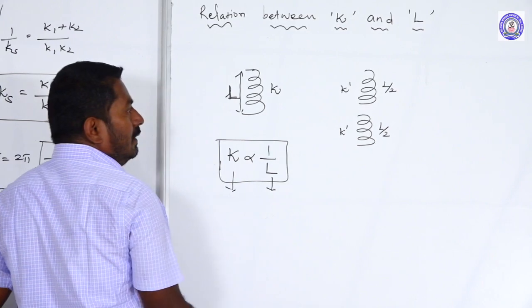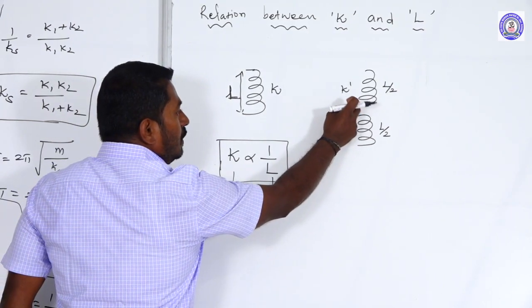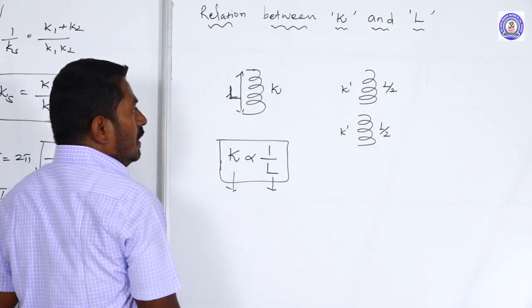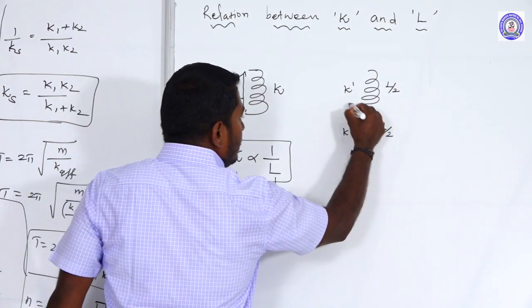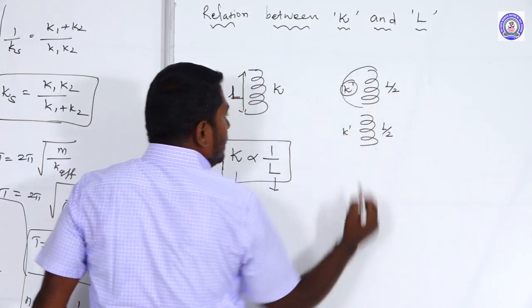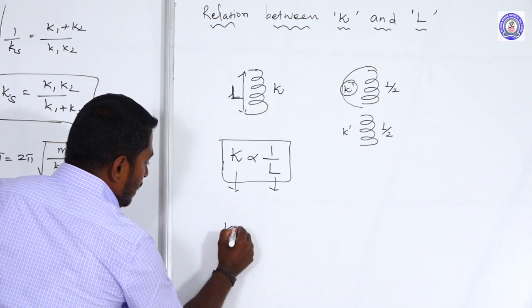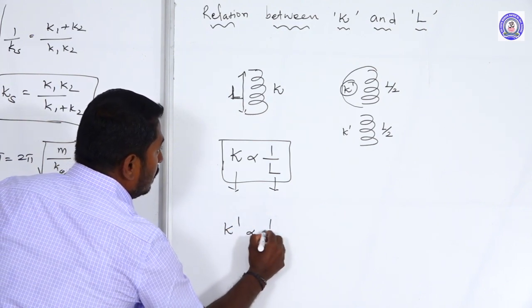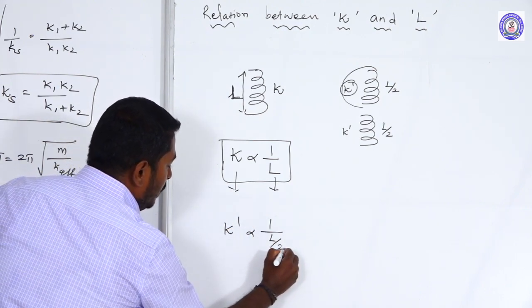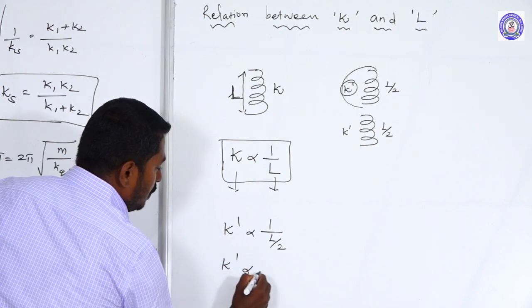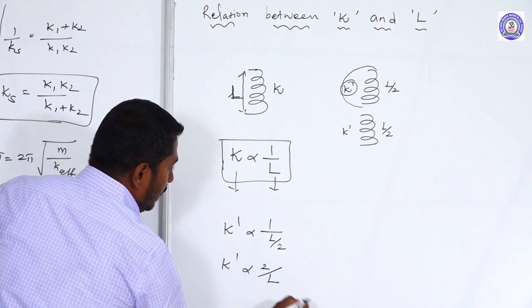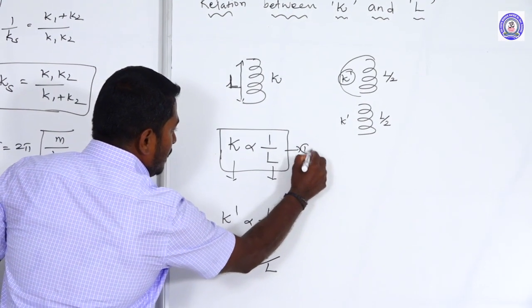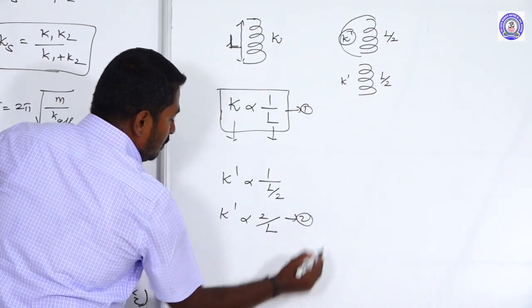Then how do we calculate the spring constant each segment possesses? K prime is proportional to 1 divided by L by 2, so K prime is proportional to 2 divided by L. Initially, this is equation number 1. This is equation number 2.